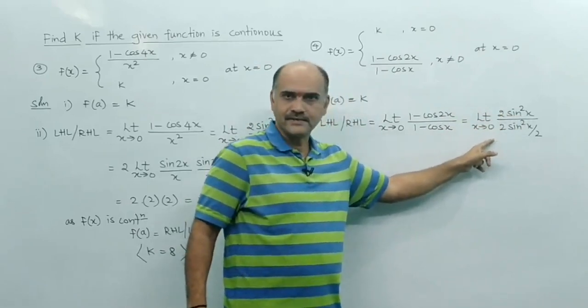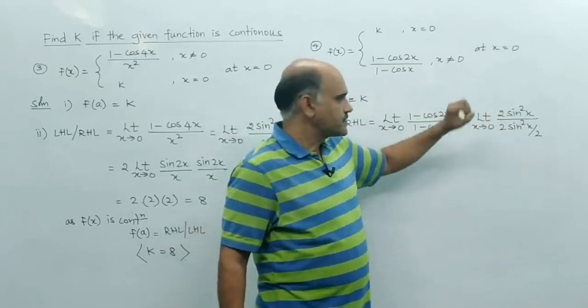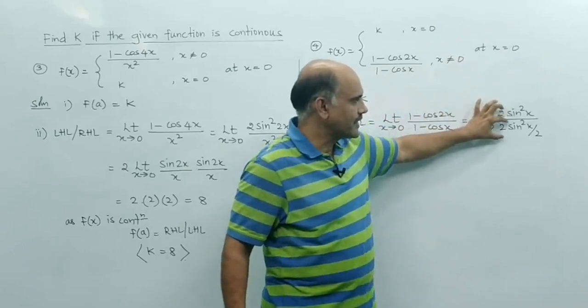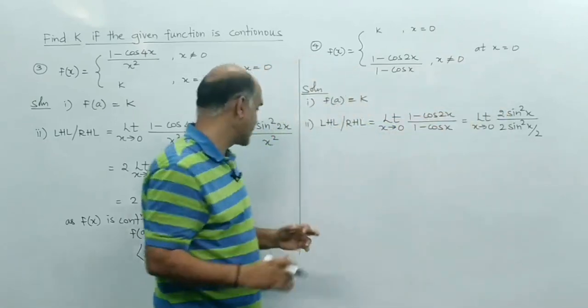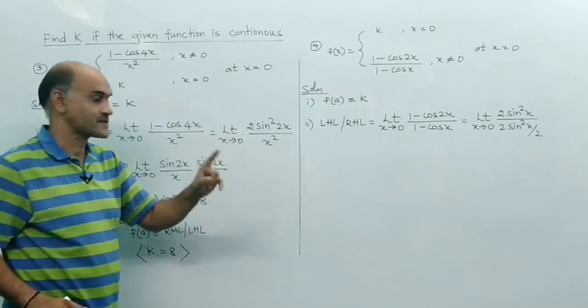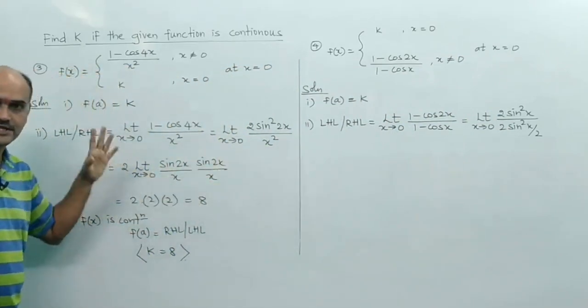2 gets cancelled. Now if you observe, in the numerator I have sin square, and in the denominator also I have sin square. So we divide numerator and denominator by x square to get this type of step.